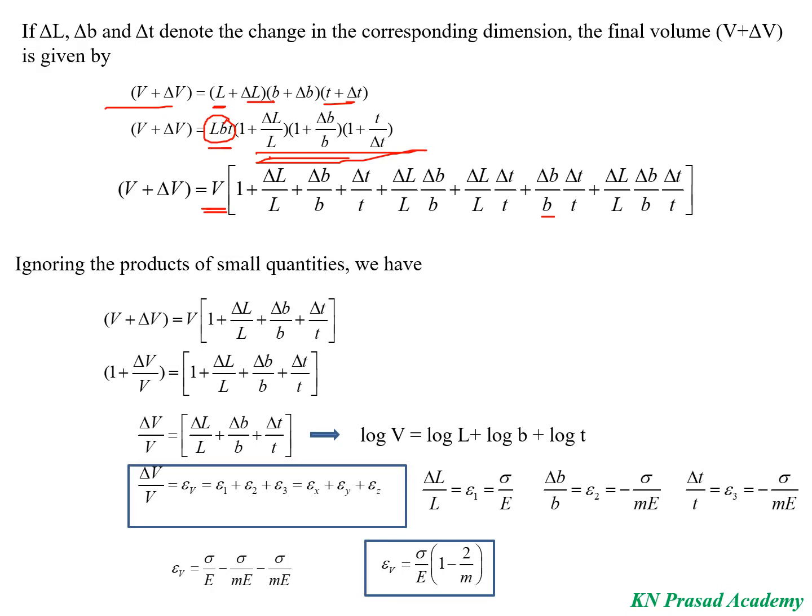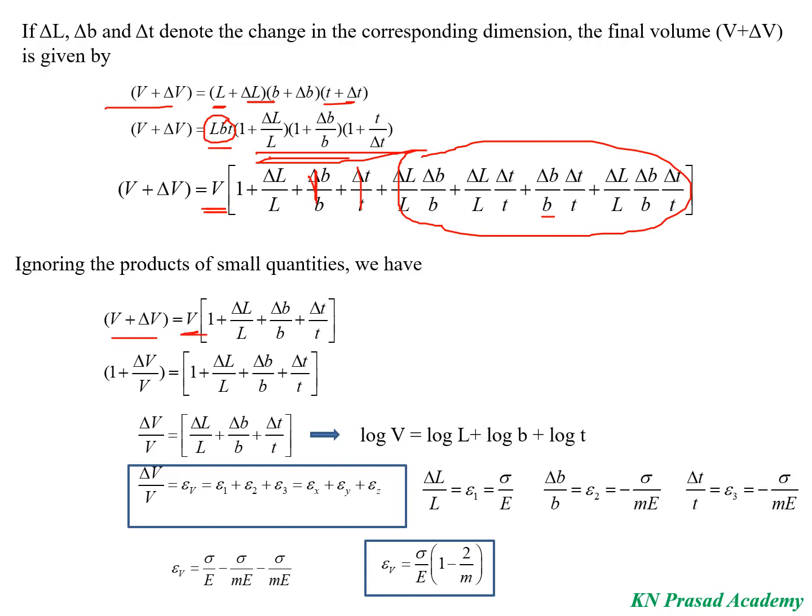Then the final volume, V plus delta V, will become V into 1 plus delta L by L plus delta B by B plus delta T by T.